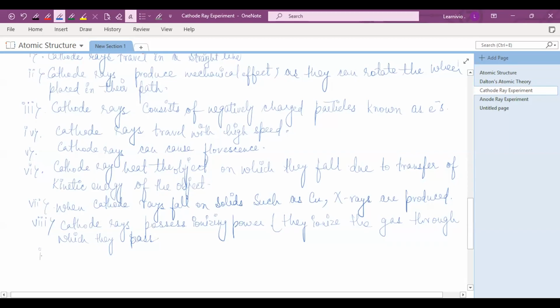Okay. Ninth property is that they can also penetrate through thin metallic sheets.